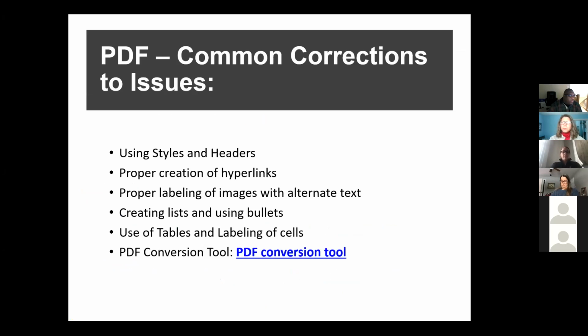All right. So common corrections to issues, again, can't stress enough: using styles and headers, proper creation of hyperlinks, proper labeling of images with alternative text, creating lists, using bullets, using tables, and labeling of cells. And then also the built-in PDF conversion tool within Microsoft Word.